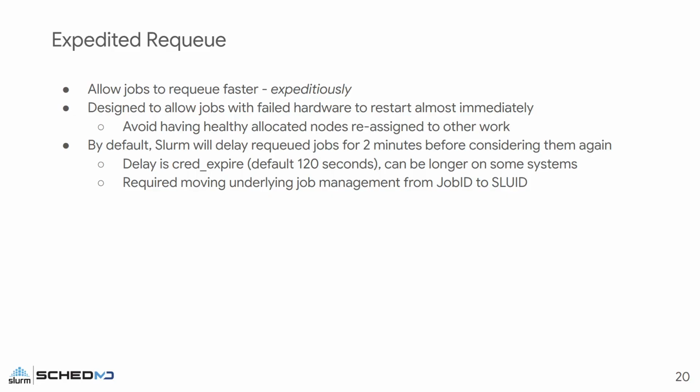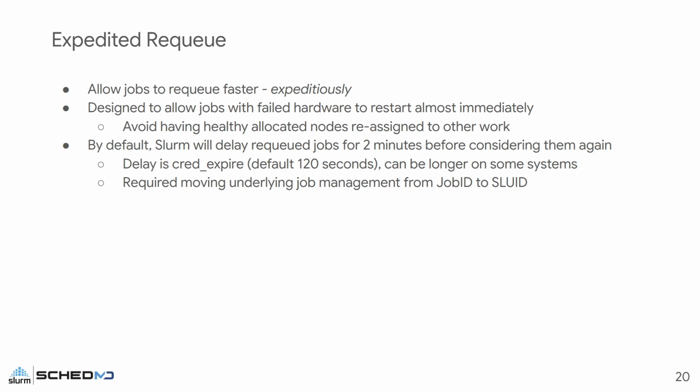This 120-second default is obviously very unfriendly to these large-scale runs. That's potentially a lot of wasted system resources, or it's a window for other short duration work to sneak in and get backfilled in. And we wanted to move past this.